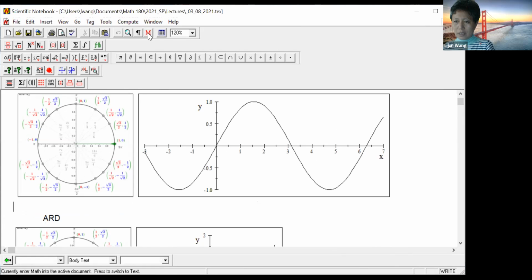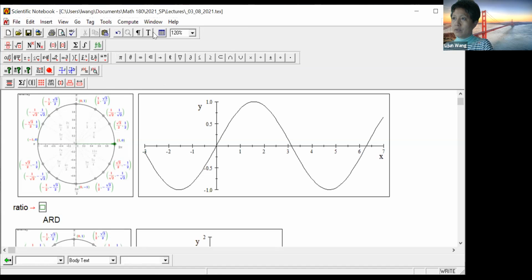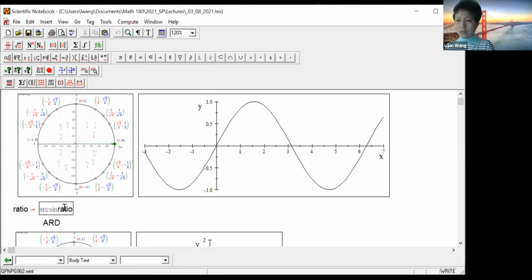So DRA, why DRA, right? Because arc sine takes the input of ratio, and this ratio is given to arc sine. I emphasize the nature of the input.